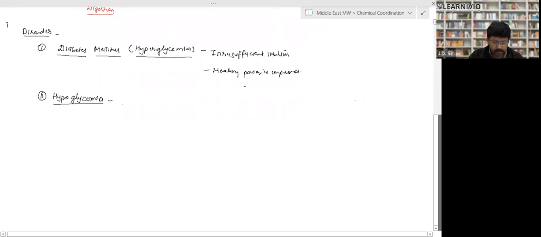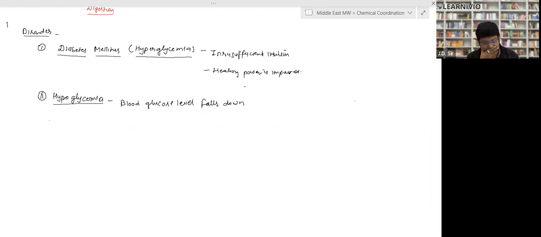It occurs when blood glucose level falls down below normal.